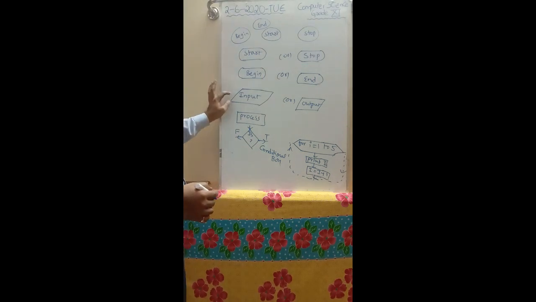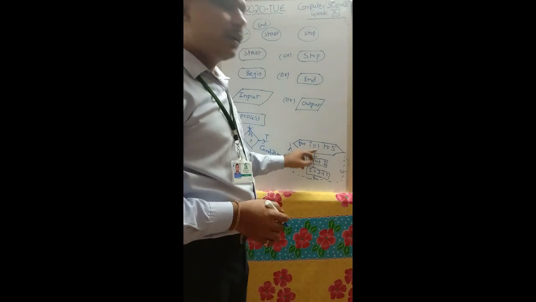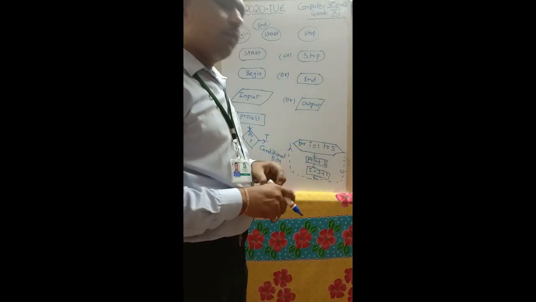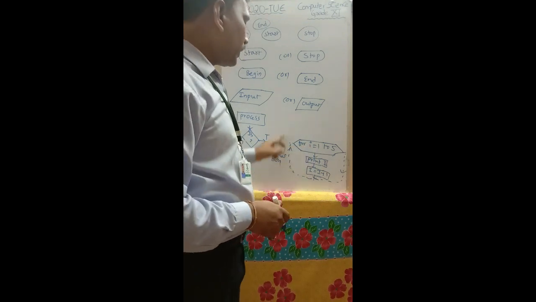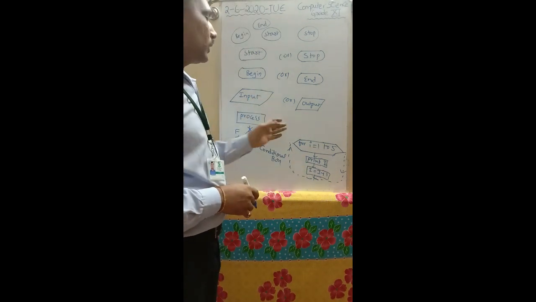Next, this one is a parallelogram shaped box. Next, this one is a rectangular shaped box. According to shape, this one is called a diamond shaped box. This one is called the loop control box. Okay, in this way we write algorithms and flowcharts by using these.